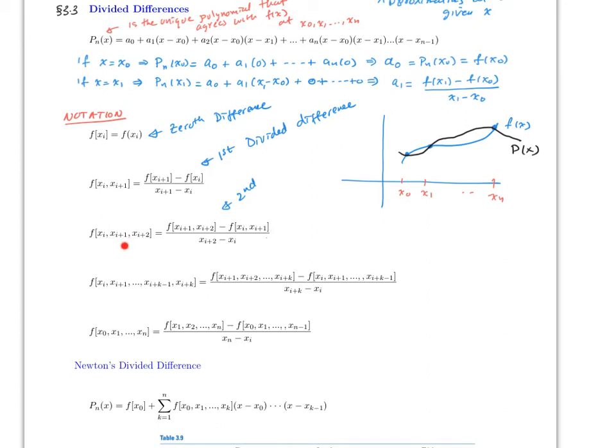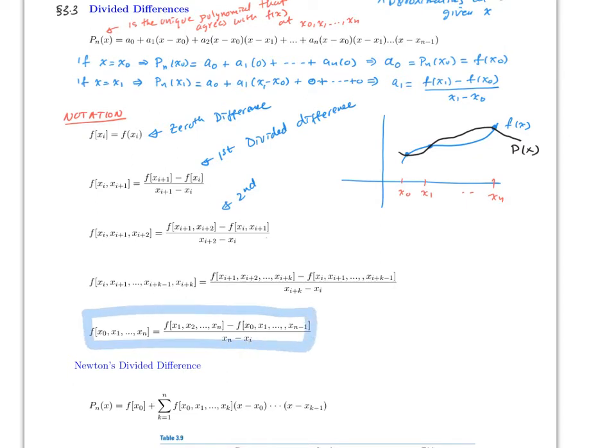Notice that this is also a recursive technique, because this will use the previous values, this will use these previous values, and so forth. So in general, this is what we're interested in.